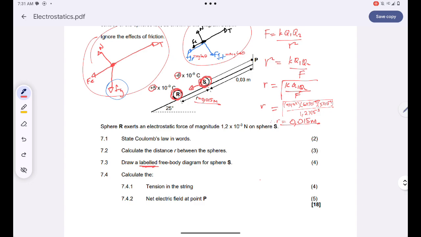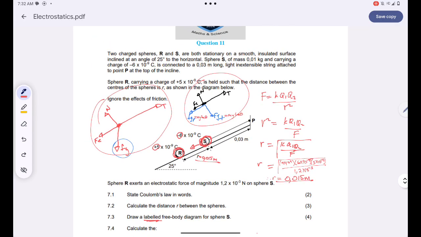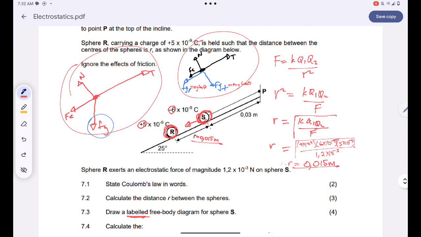Okay, now they want us to find the tension on the string. Remember, guys, we were told that these two spheres are stationary. Are you together? Since they are not moving, it simply means F net is equal to 0. And hence tension is just equal to the sum of both the electrostatic force and the Fg parallel.